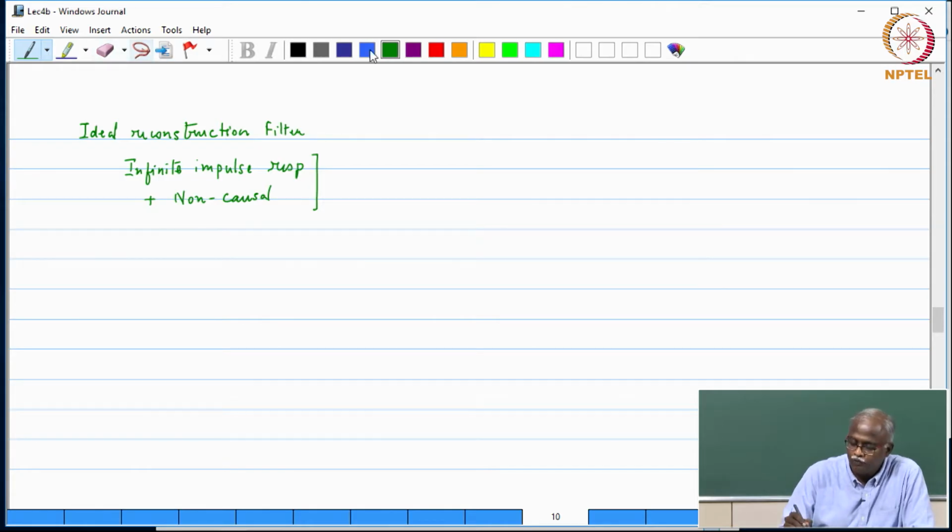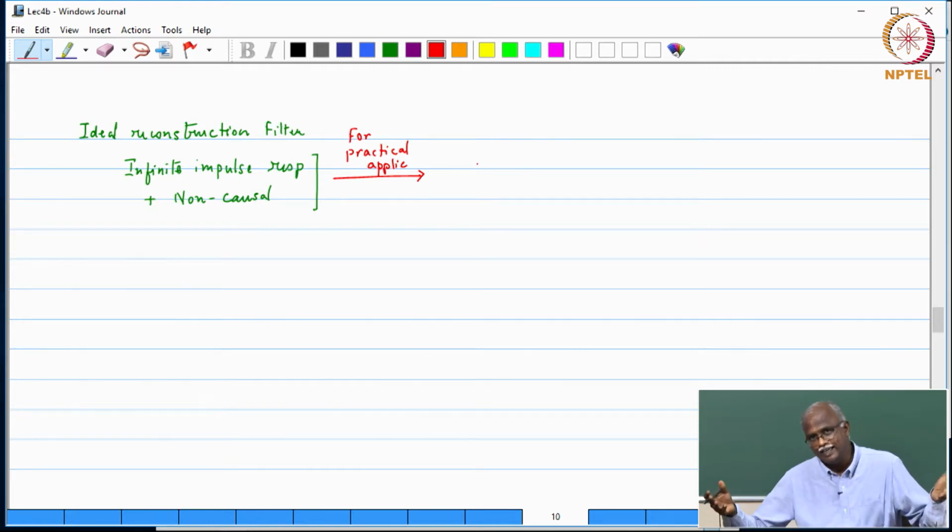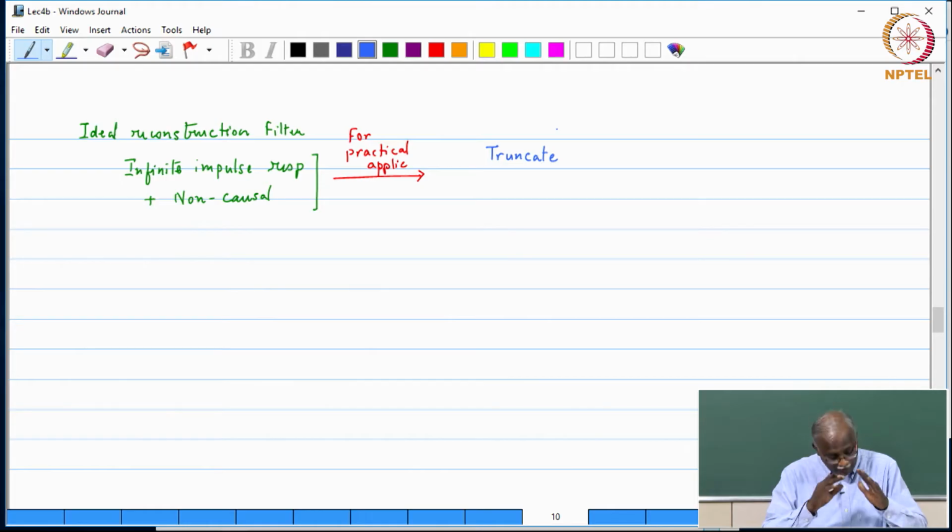So, I need to first of all change this. For practical applications, the one on the left will not do, I have to do something different. The first thing is that we do not deal with infinite impulse responses, we have to truncate it once the amplitudes go below a certain value. Okay, truncate at what point needs to be decided, but at least we will truncate to make it manageable.